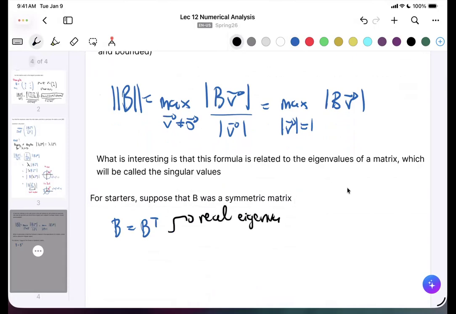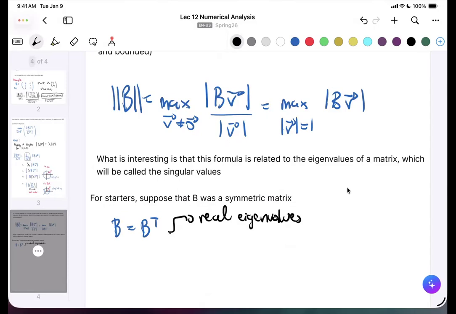The other thing that's super nice is that the eigenvectors which correspond to these eigenvalues, you can take them to be orthonormal. So you can find a basis of eigenvectors for the vector space which are orthonormal.